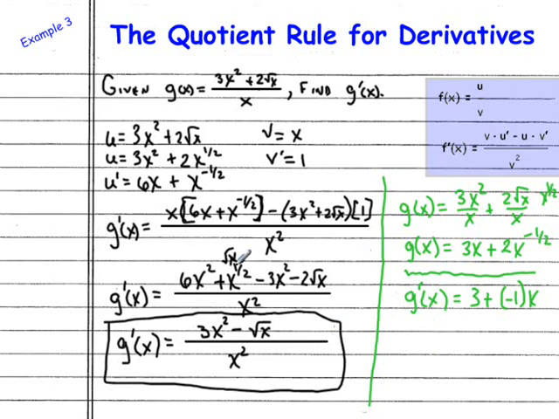Negative 1/2, that's the old exponent, subtract 1. Well, that's negative 1/2 minus 2 over 2, which results in negative 3/2. So our exponent here is negative 3/2.